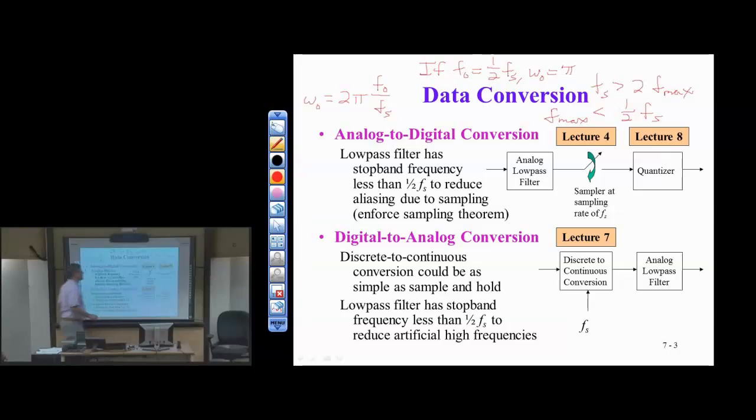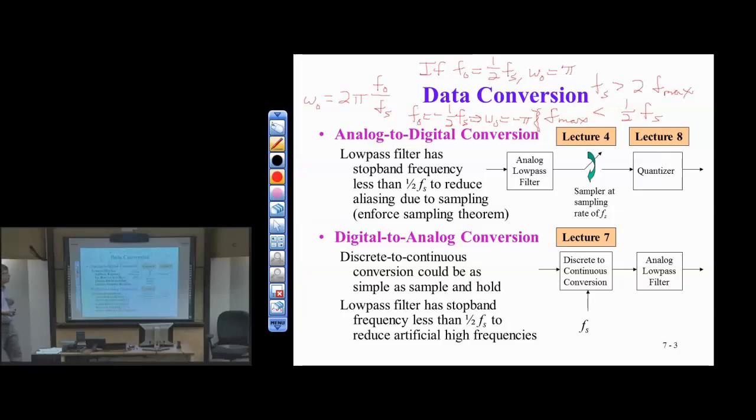So the highest frequency that we can represent in discrete time is pi radians per sample. If f naught were minus half fs, then omega naught is minus pi. So this gives us the extreme points in discrete time for frequencies, right?